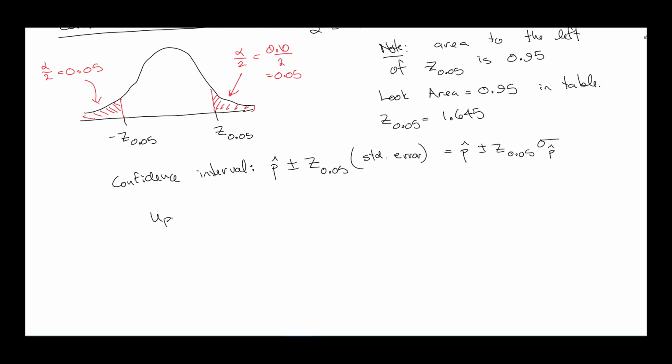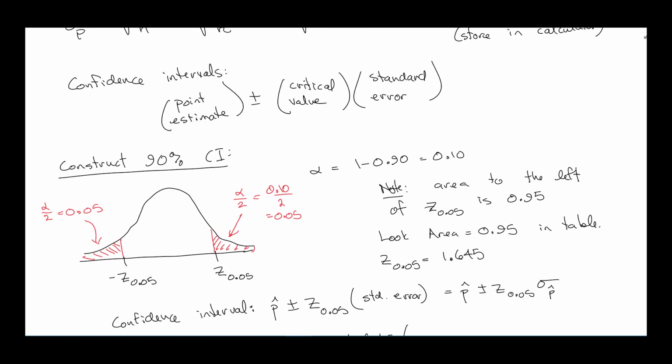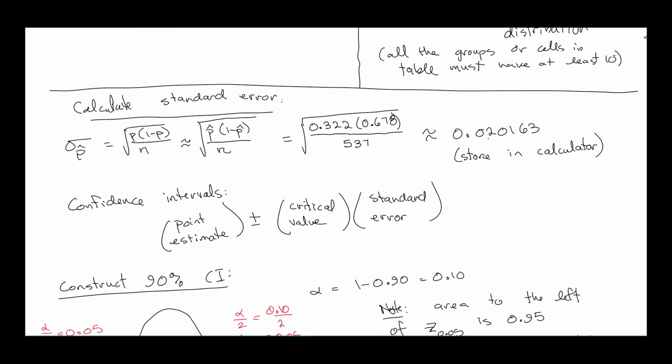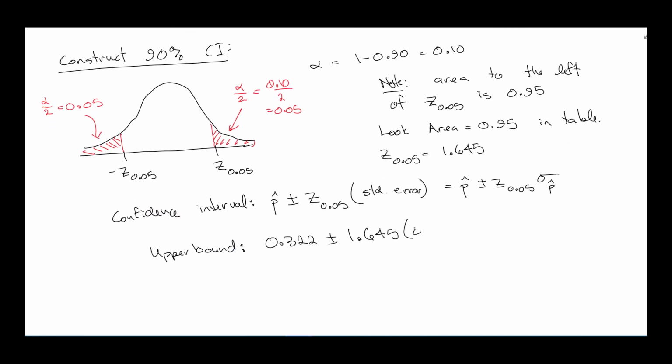So let's write my upper bound. I'm going to take my p hat. So what was my p hat? 0.322. That's my sample proportion. Plus or minus my critical value, which is 1.645, times, what was my standard error? Let's look. 0.020163, which I already kept in my calculator.